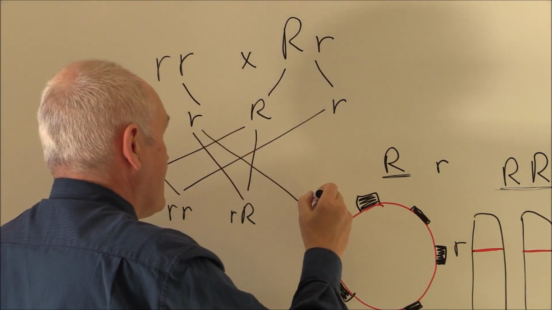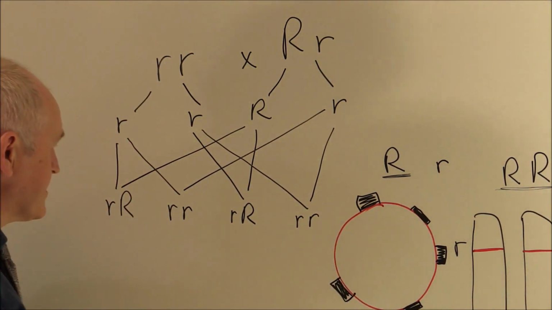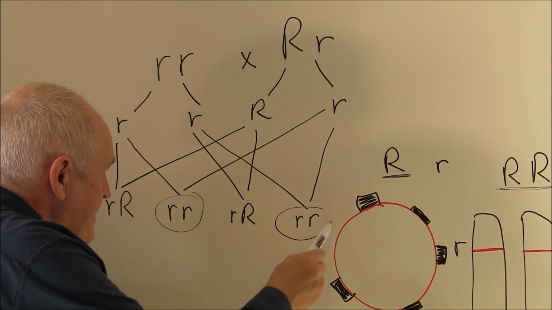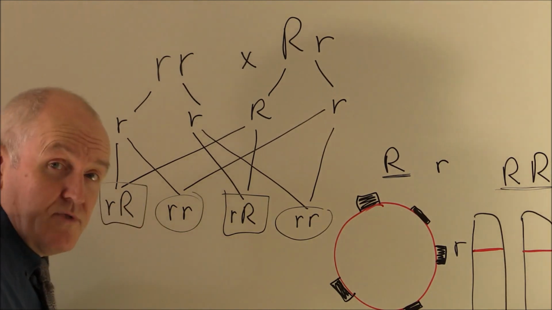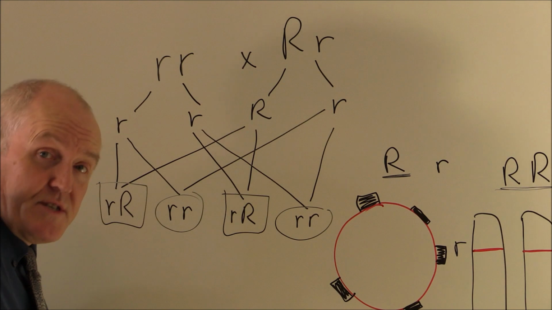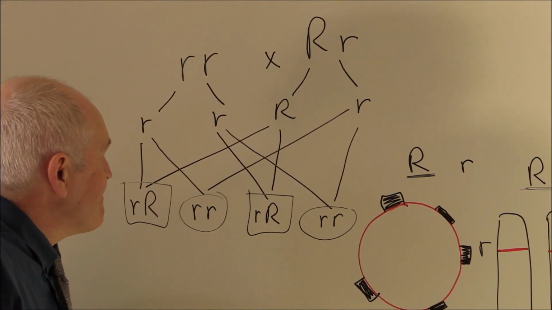Or it could be that one combining with that one, which will give us two small r's. So here we see the probability is 50-50 that any particular fetus will be rhesus positive. And the presence or absence of the rhesus factor is entirely genetic.